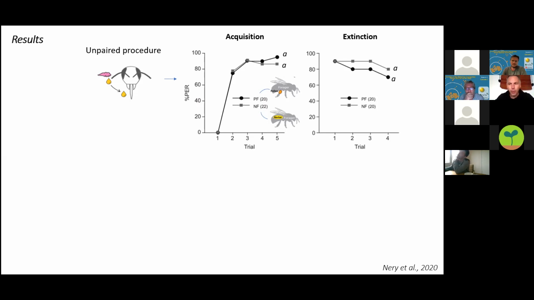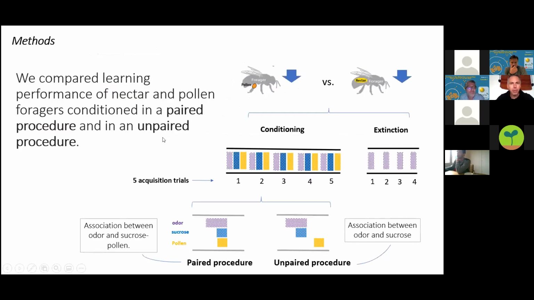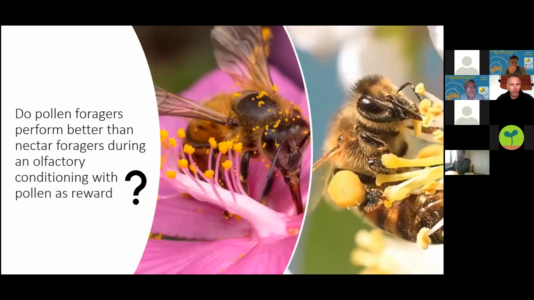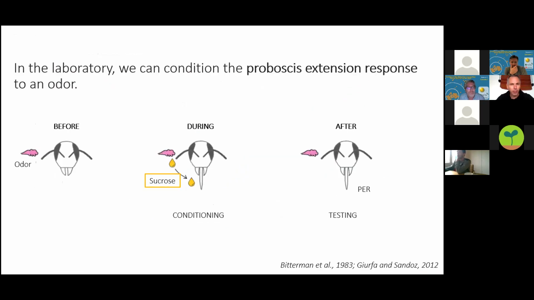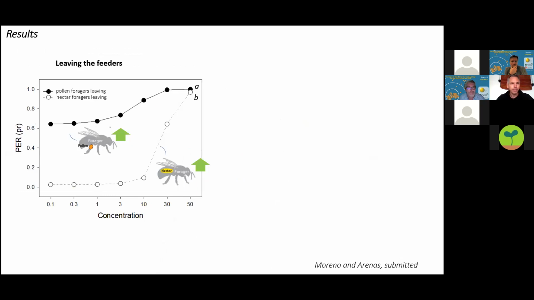Yes, I will go to the presentation, because probably the order in which I present these results starts with the bees departing. But I completely agree with your comments, so I will just show you this. Here, you can see, those are bees leaving the feeder.